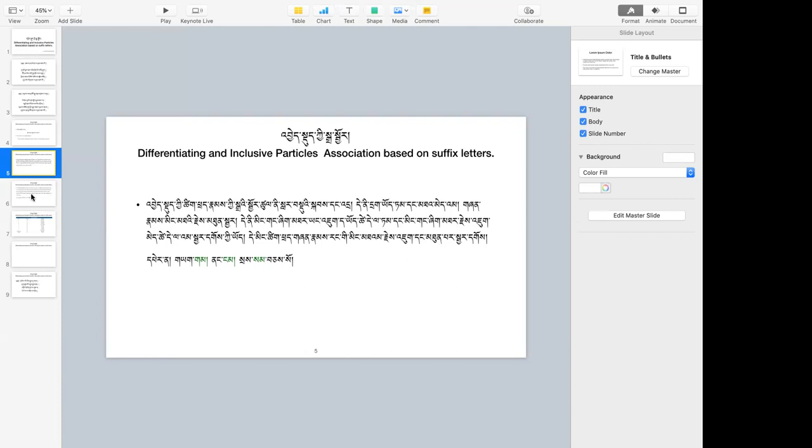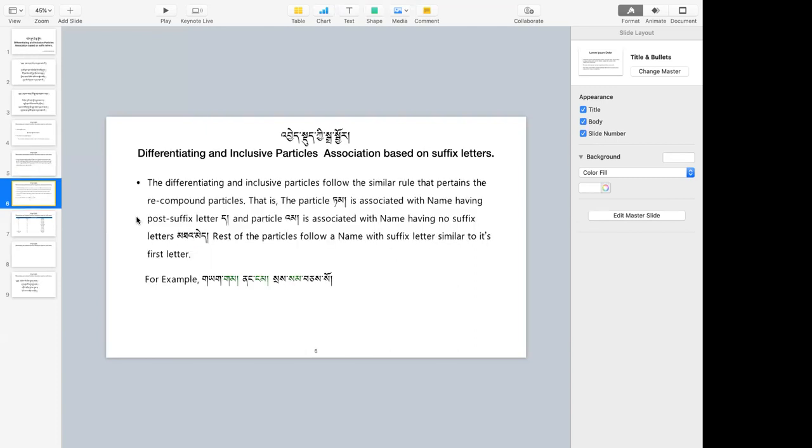So in English, the differentiating and inclusive particles follow a similar rule to the recompound particles. So what are these rules? What are the rules that pertain to the recompound particles?